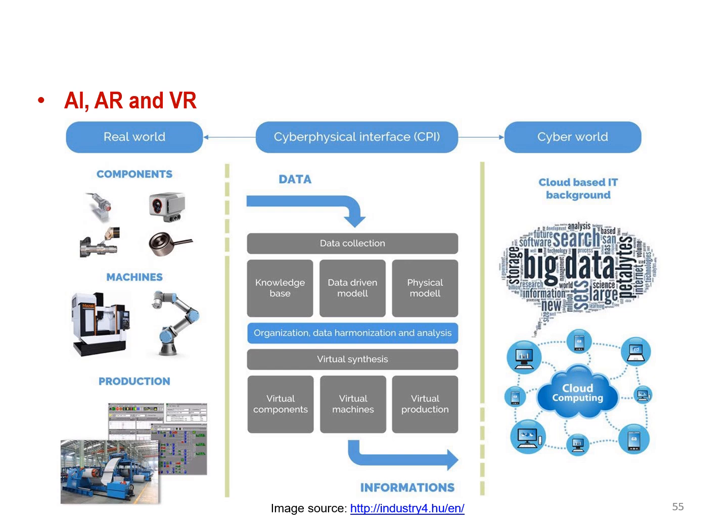We're going to have organization, data harmonization and analysis. You can have visual synthesis and virtual components, virtual machines and virtual production. Then send the information to cloud computing in the cyber world, which can be shared with other similar activities.